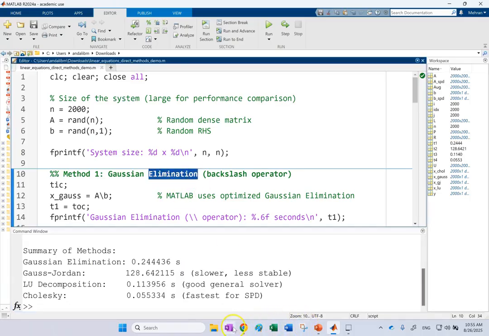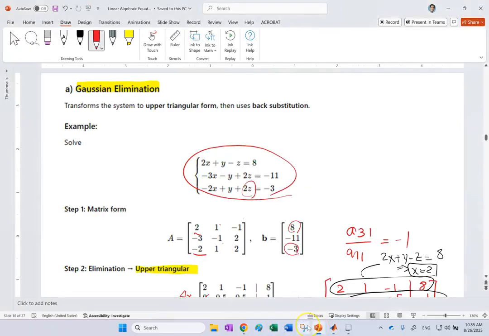Now you might say, can I use the inverse matrix? Yes, of course. I mean, you can always say that x equals A inverse times B, but the problem is this inverse. Here your matrix is 2000 by 2000, and finding the inverse of that is going to take a lot of time.